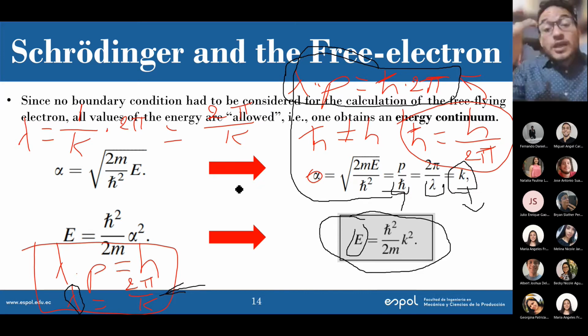Let's say you plot E versus K in an X and Y plane. How do you think the shape of that function is going to be?